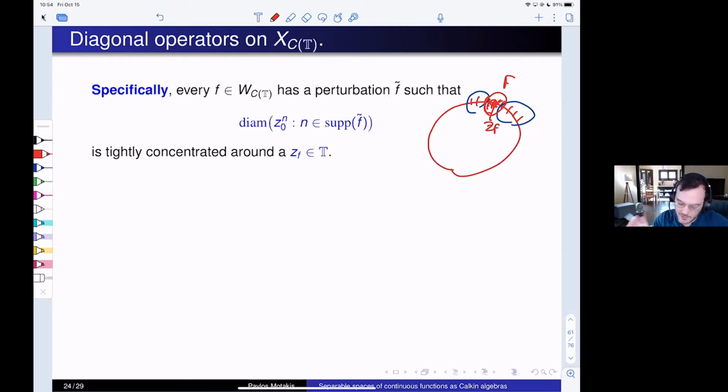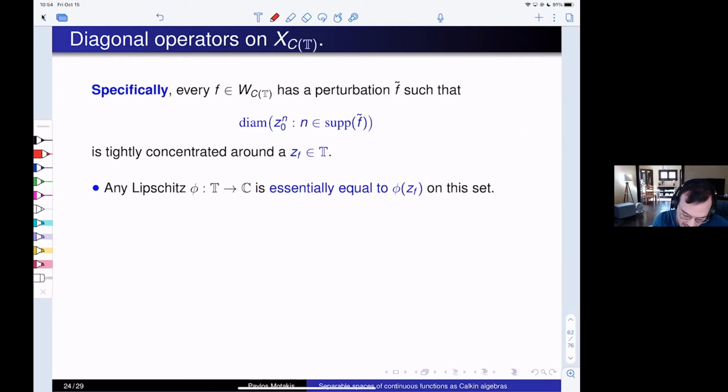If you look at any Lipschitz function on this very small set, the support of F tilde, because it is a set of very small diameter, it is basically a constant function on this set. So F on this is basically equal to F of ZF.